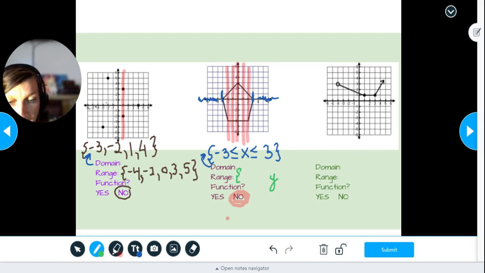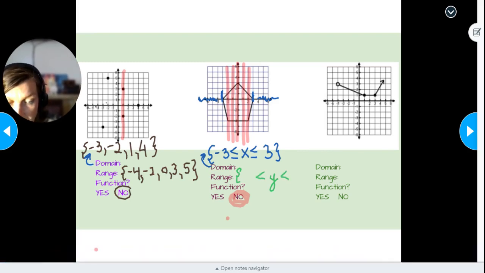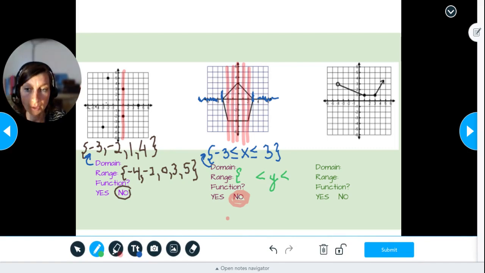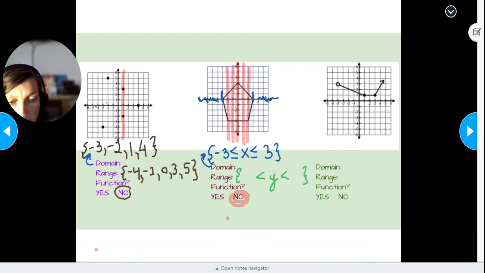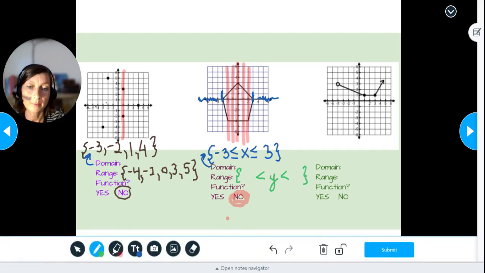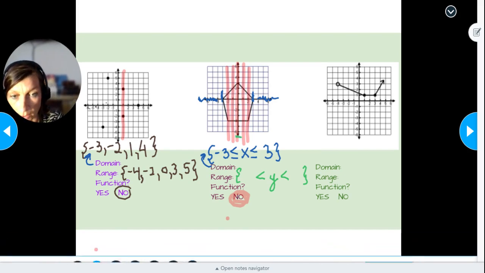And you're going to have the alligator going on like this all the time. The question is, are you going to use an equal sign with it or not? So my range begins in the negative infinity on the y-axis, as you recall us talking.